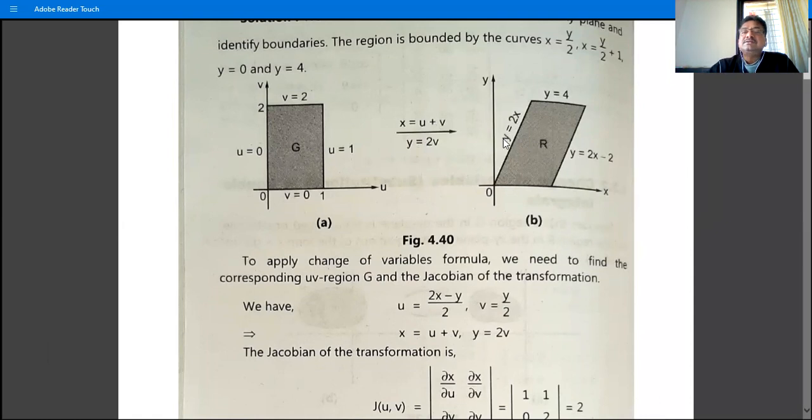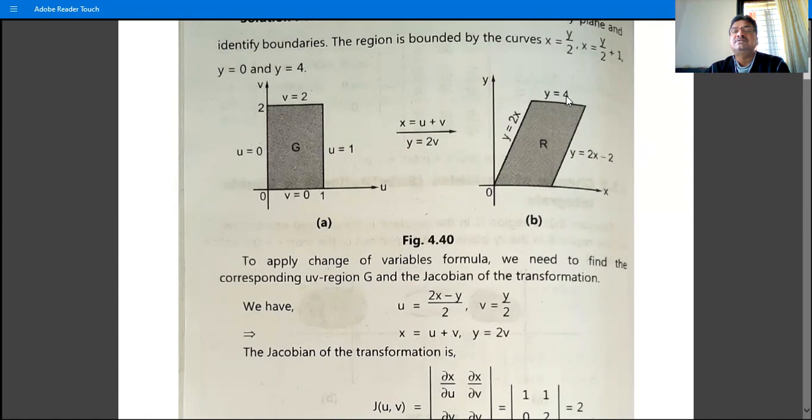If you replace x and y by u plus v and 2v in this equation, then we have the answer u is equal to 0. So this line y is equal to 2x in the new variables is replaced by u is equal to 0.